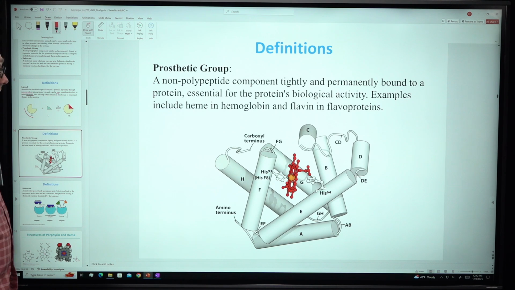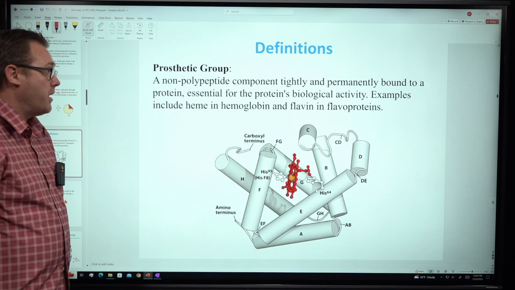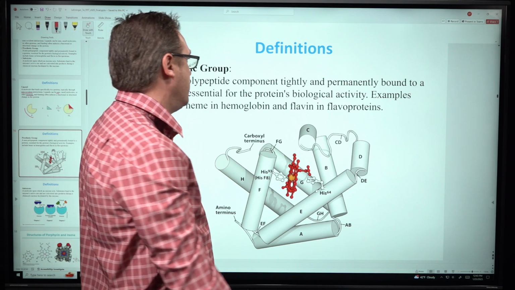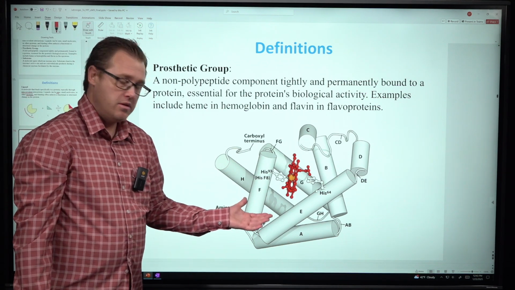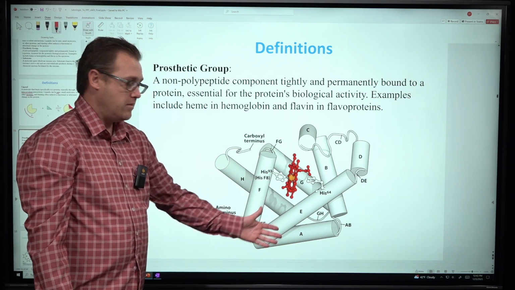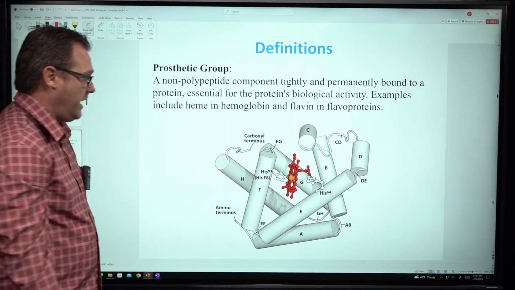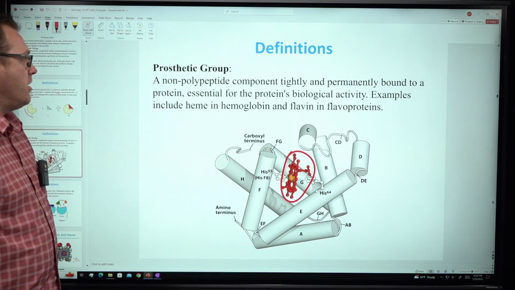Now, a prosthetic group is a non-polypeptide component that's tightly and permanently bound to a protein. So, for example, myoglobin. What we have that's tightly bound to the protein is the heme, our heme molecule right there.